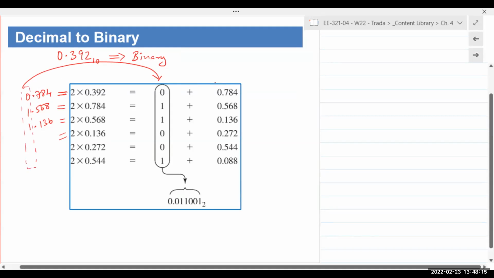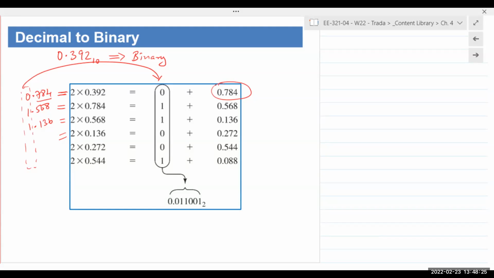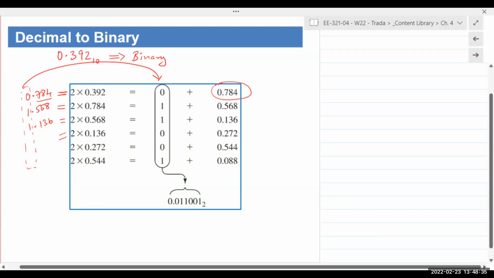And this 0.784, the remainder, goes in here. Then we take the 0.784 multiplied by 2, we get 1.568. That 1 is carried out, and the 0.568 is separated and written right here.